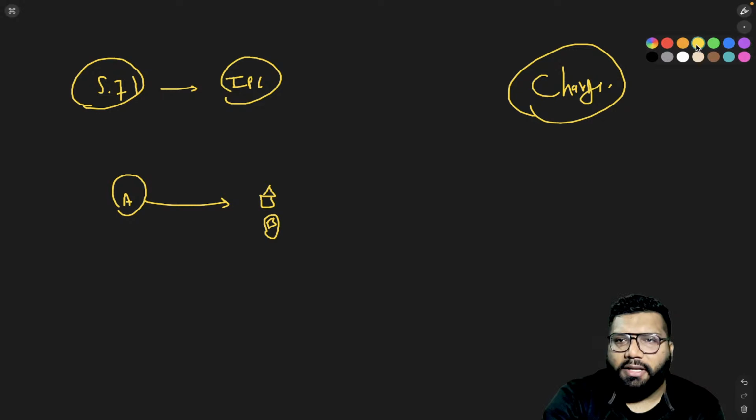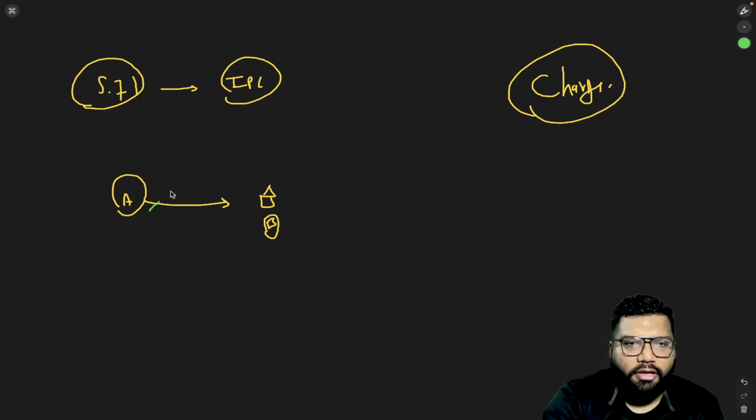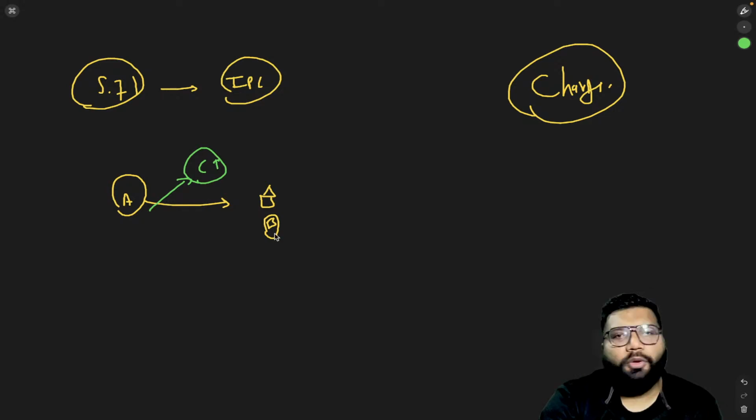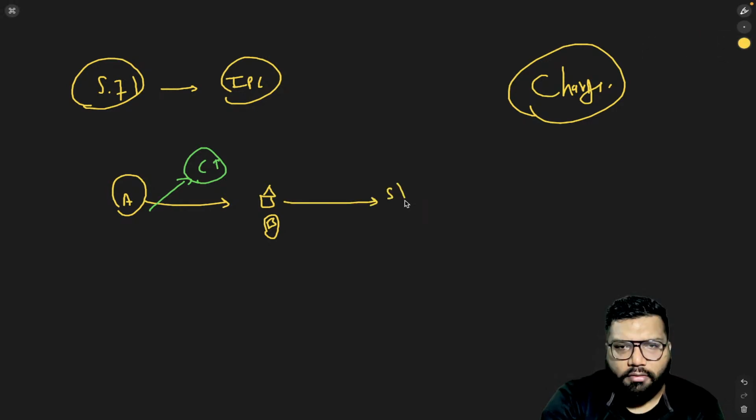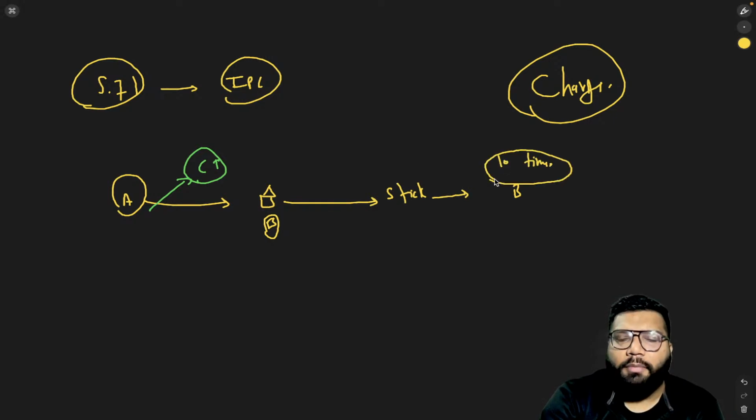So basically, first A committed the offence of criminal trespass, entered into the house of B with criminal intentions. Then A has a stick, or a lathi, in his hand, and he beats B with that lathi 10 times.